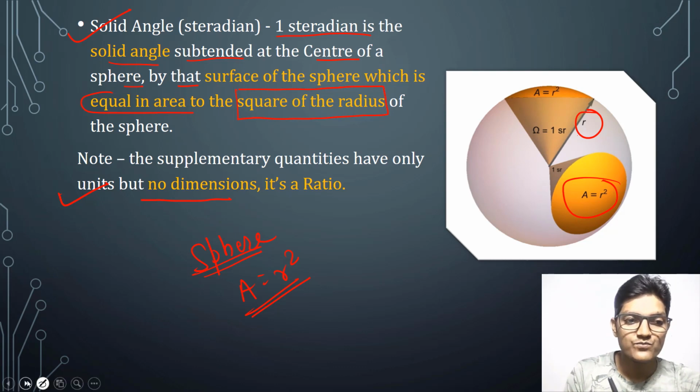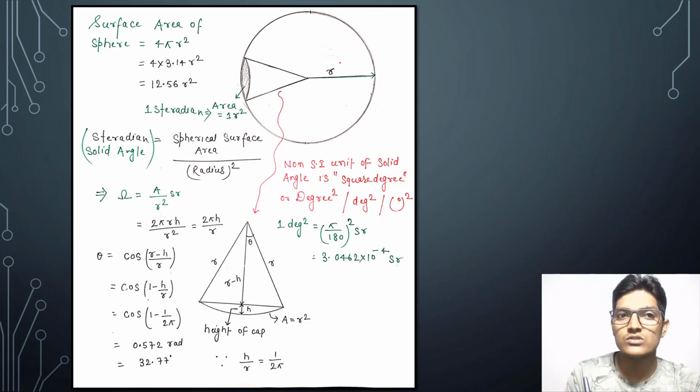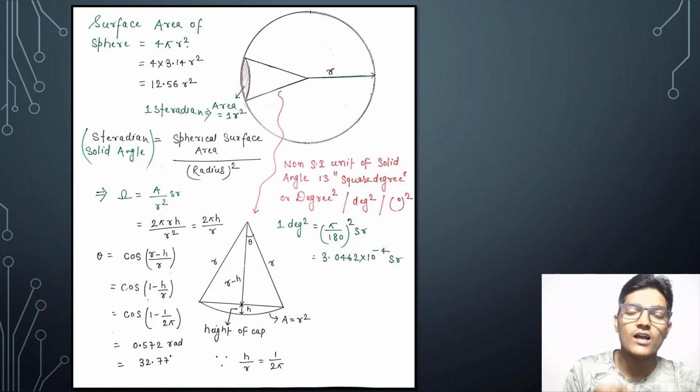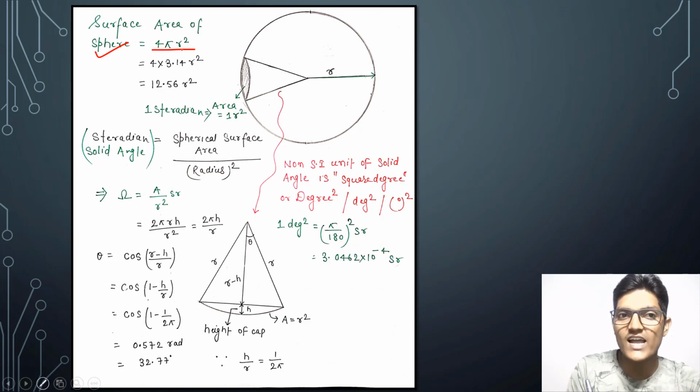Now everyone, we will discuss more about our solid angle, or we can say steradian. So please concentrate here once again. As you all know, the surface area of a sphere is 4 pi r square. That means 4 pi, where pi is 3.14, into r square is equal to 12.56 r square.